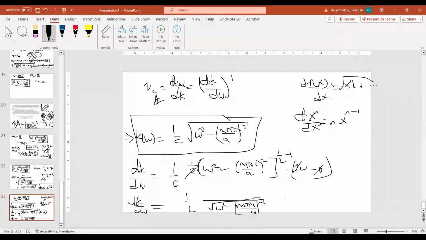Its inverse is the group velocity. So c multiplied by the square root of omega squared minus n p c divided by a, squared, is your group velocity.